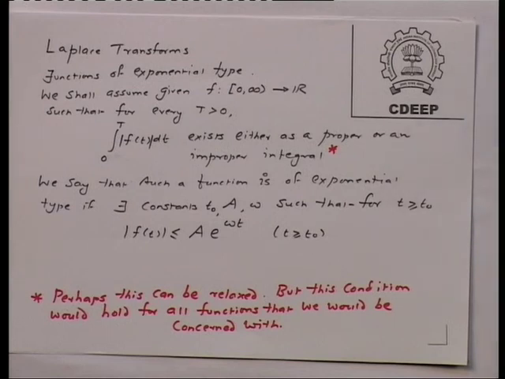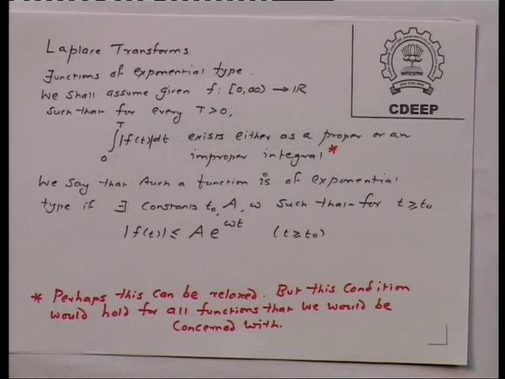Now it could become unbounded, let us say at 1, for instance. We could, for example, look at f(t) equal to 0 when t is between 0 and 1, and from 1 to infinity it could be 1 over square root of x minus 1.